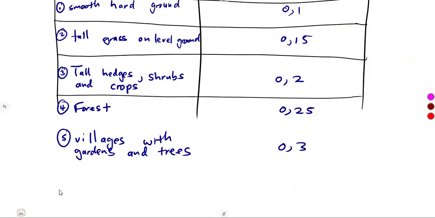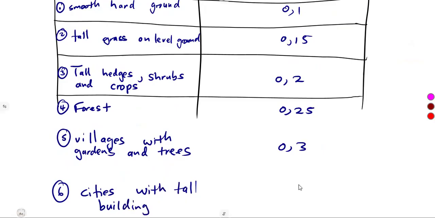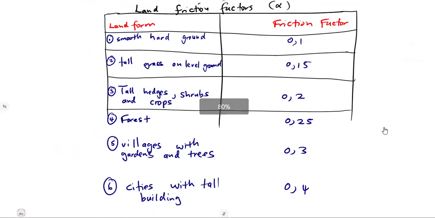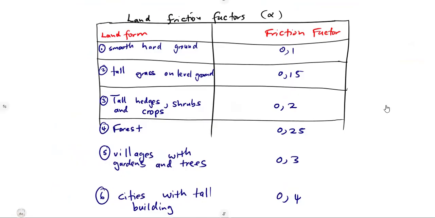And we also have conditions of cities with tall buildings. They do affect the friction factor. So as we can see, the landform is a major issue. Where are we going to situate the wind farm or the power plant?